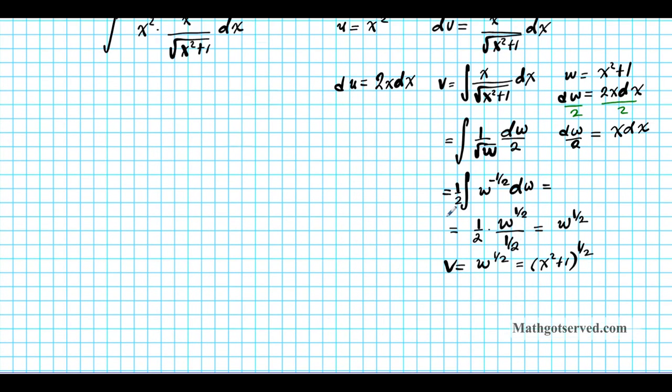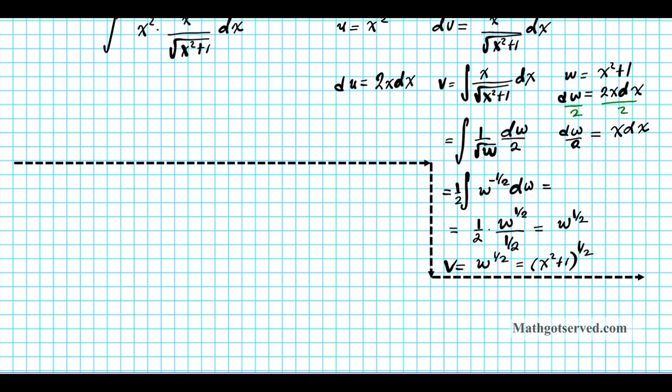So we recall what the integration by parts formula is. Let me partition my workspace here so we don't get confused. I'm going to write my integration by parts formula again so we can have everything organized. The integral of u dv equals uv minus the integral of v du.